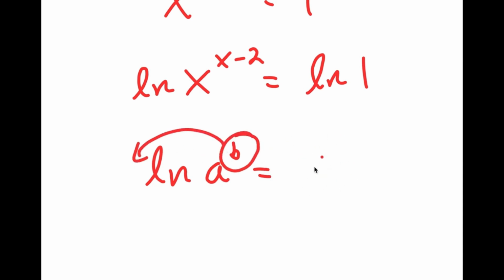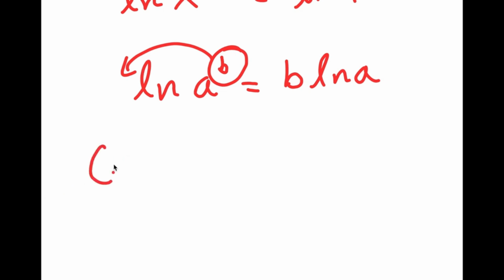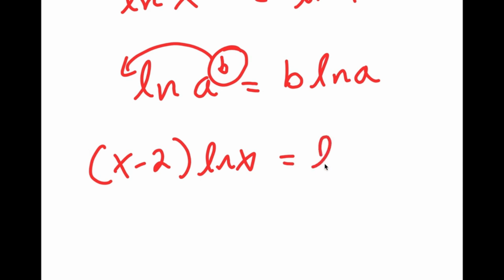So this is the same thing as b times ln a. So in this case, I have ln x to the power of x minus 2, and I can think of x minus 2 as b and just move it to the front. So this is the same thing as x minus 2 times ln x is equal to ln 1.